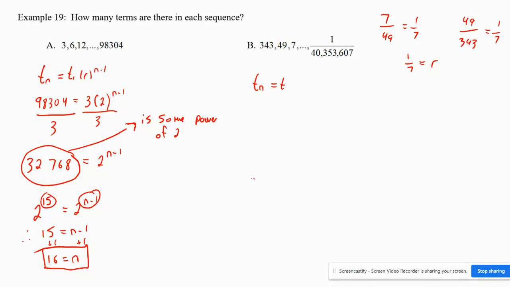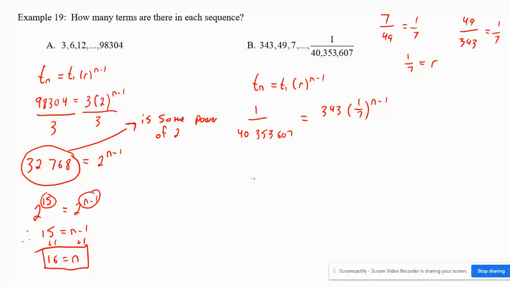Tn equals T1 times r to the n minus 1. So 1 over 40,353,607 equals 343 times 1/7 to the n minus 1.